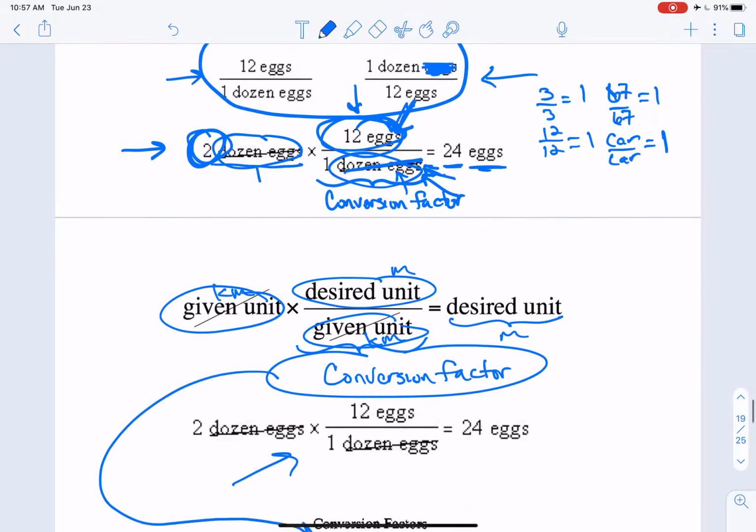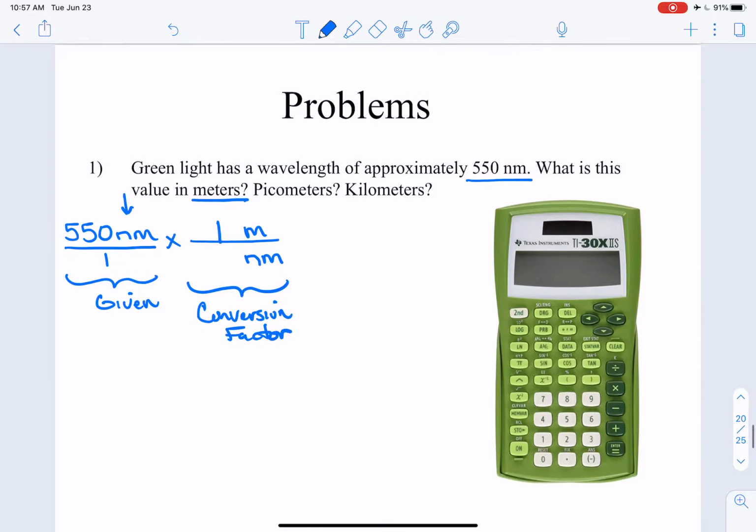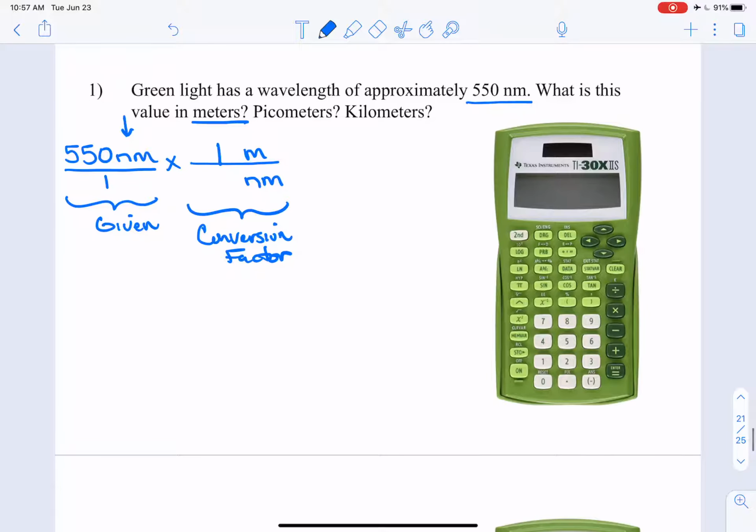Okay, so 1 times 10 to the ninth. And we want to know what this equals. Now, with my calculator, I'm going to get 0 point, and I've got 6 zeros here to the right of the decimal, 5 meters.